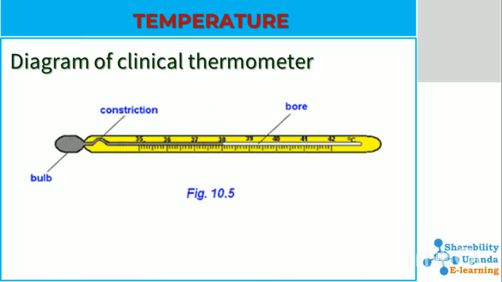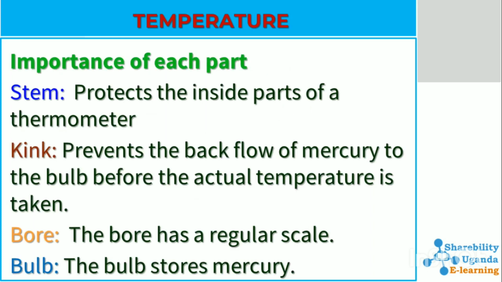We have the diagram of a clinical thermometer with a few parts, and we shall be describing most of them in detail. We have the stem, which protects the inside parts of a thermometer. We have the kink, which prevents the backflow of mercury to the bulb before the actual temperature is taken.